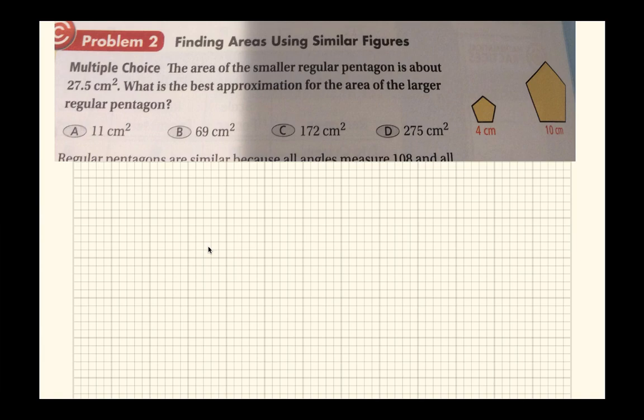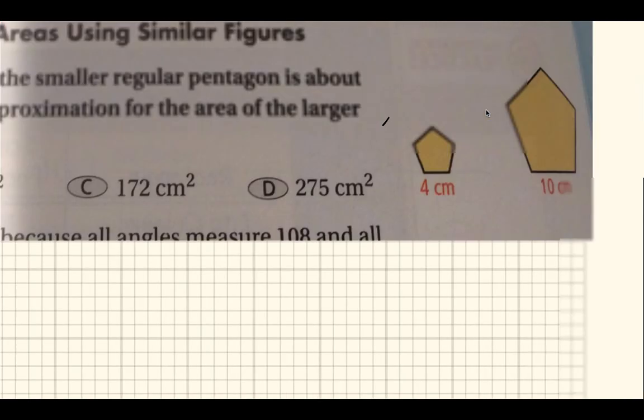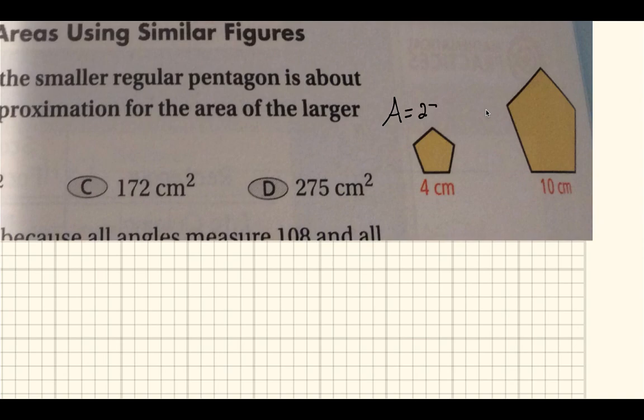What's the best approximation for the area of the larger regular pentagon? So the area of this one is 27.5 centimeters squared. What could we do to find the area of the larger one?